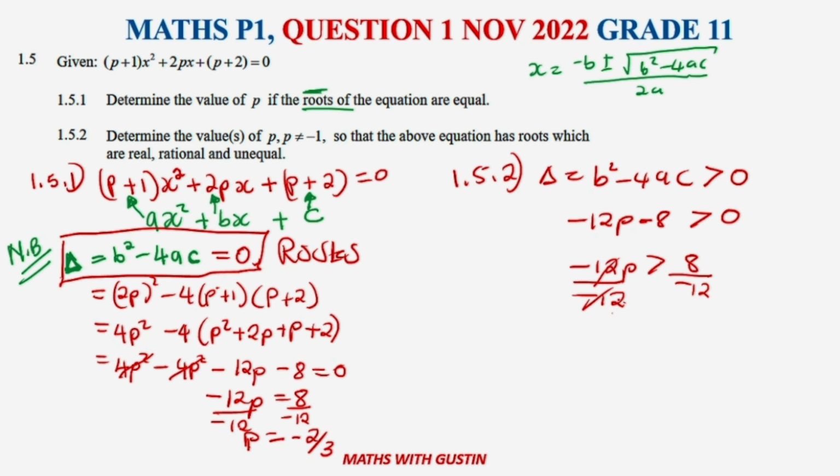Negative 12, negative 12 would cancel out. Every time you are using an inequality and you divide by a negative, the sign must change and face the other way around. Therefore, you've got 8 all over negative 12, and that's how you would deal with this one. And the 8 over negative 12 is equal to negative 2 all over 3. Okay, and that's how you deal with this one, guys.